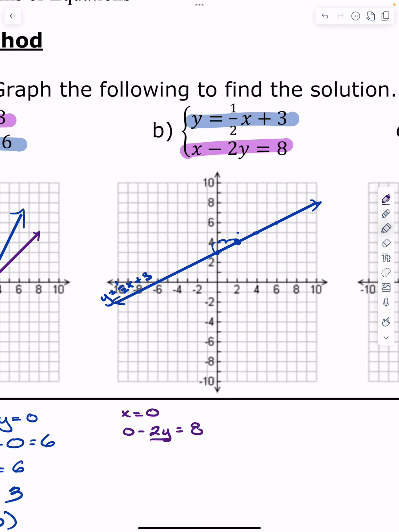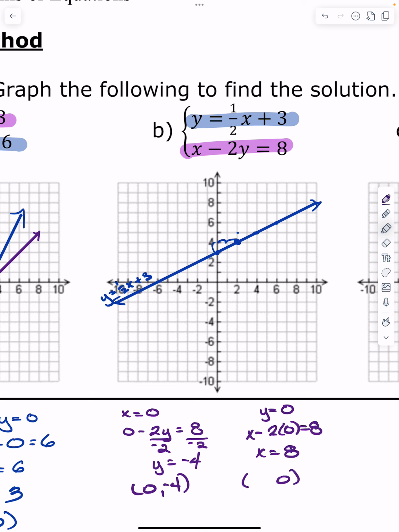Divide both sides by negative 2, and y equals negative 4. So when x is 0, y is negative 4. And then I'm going to plug in y equals 0. x minus 2 times 0 equals 8. That means x equals 8. And when y is 0, x is 8. So I've got (0, negative 4). I have got (8, 0).